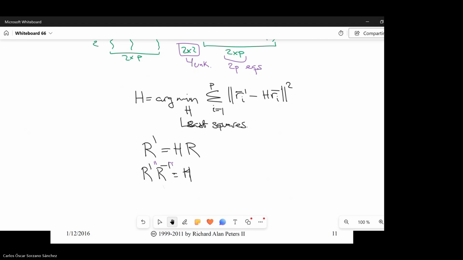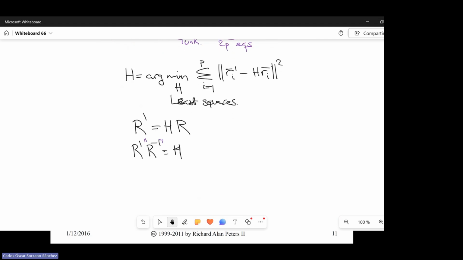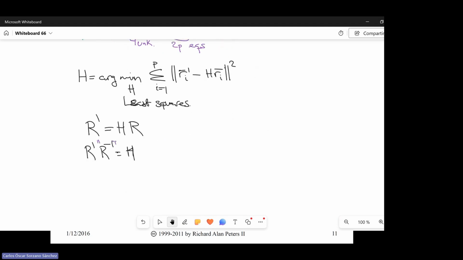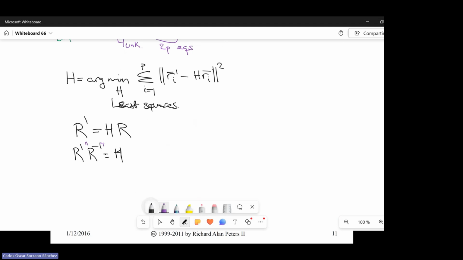So let's study the sizes of these things. Let's go back again. We have R prime is H R, and we said this is 2 times P. This is 2 times 2. This is 2 times P. So let's multiply on the right by R transpose.